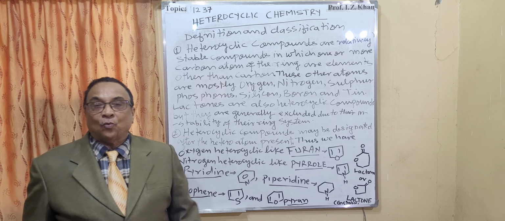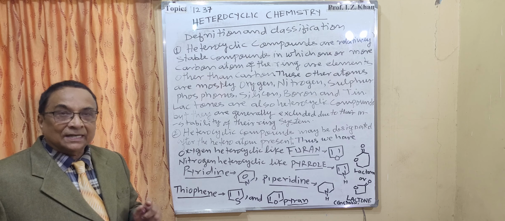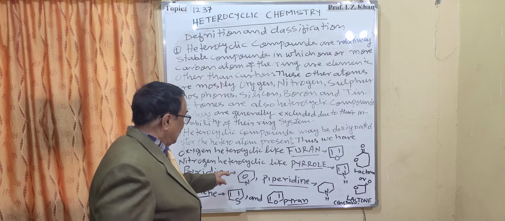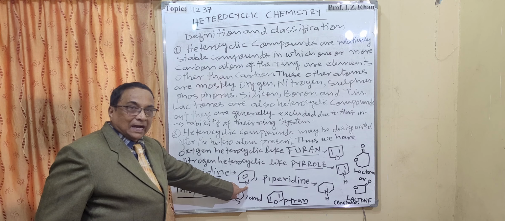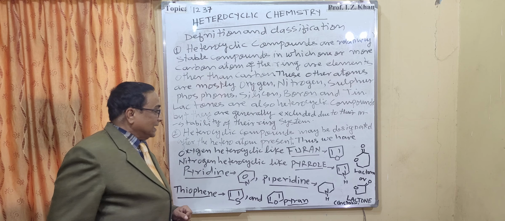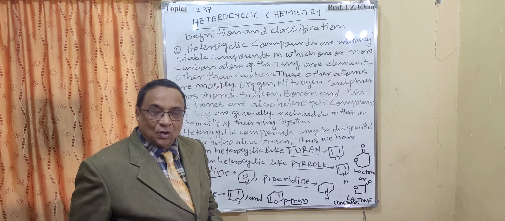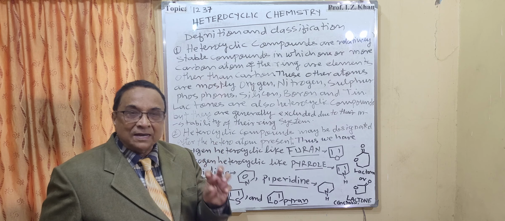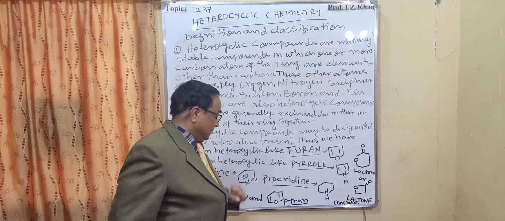Now come to 6-member. In 6-member, if it is an aromatic ring and it is substituted by nitrogen, it is called pyridine. So here it is pyridine, an aromatic ring, and one of the carbons is substituted by nitrogen. If it is not aromatic, just cyclohexane, where one carbon is substituted by nitrogen, it is called piperidine.